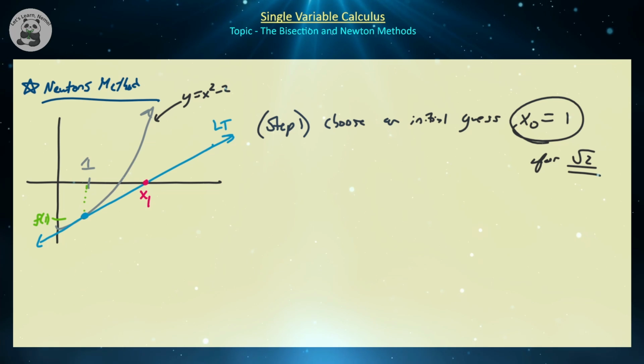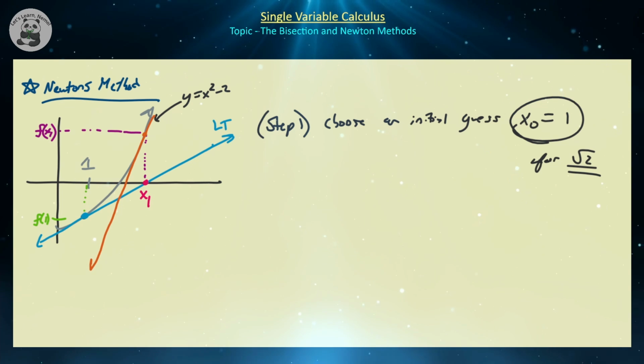Once we get our x1, then we're going to plug it into our curve and find the tangent line at x1, f of x1, and that's going to give us this particular point, and the point for which that orange line crosses the x-axis, which is obviously going to be, let's choose that color, that's going to be our x2.